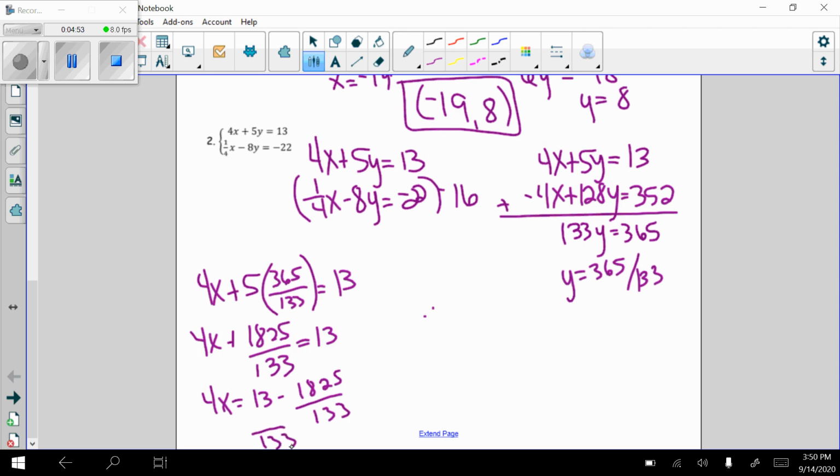So 13 times 133 gives me 1729. So I have 4x equals negative 96 over 133. And finally, I want to divide everything by 4.